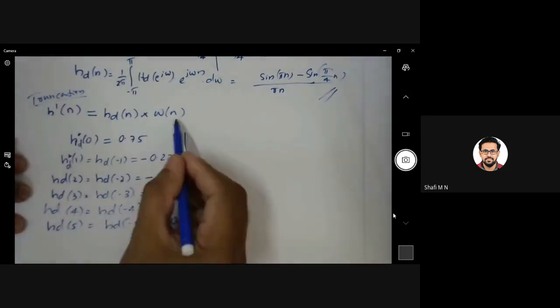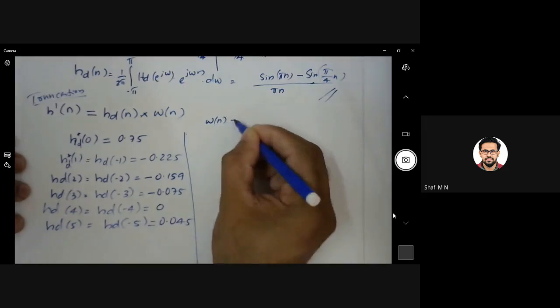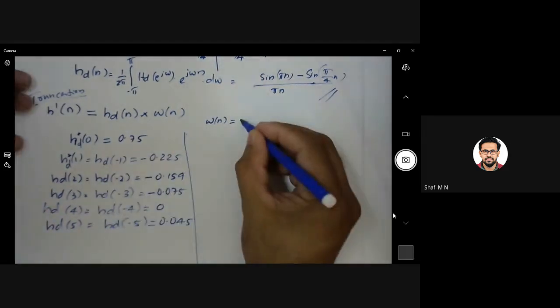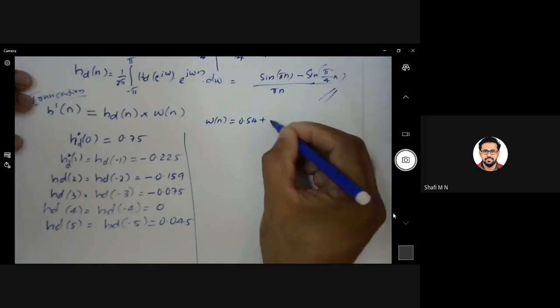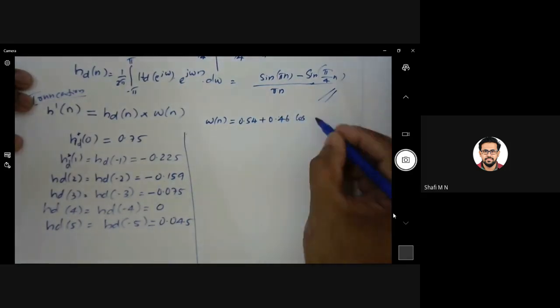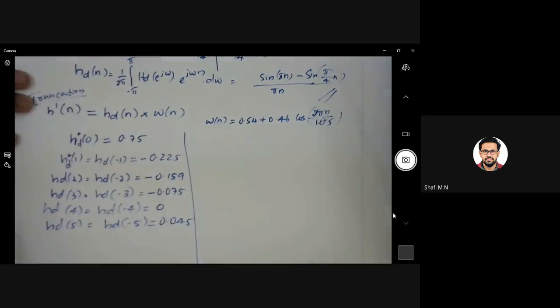Now you have to multiply it with your window. Now calculate your window values. What is your window? It is the Hamming window. That means what is the equation? 0.54 plus 0.46 cos 2 pi n divided by N minus 1. N minus 1 is 11 minus 1, which is 10. So this will be pi by 5 n.